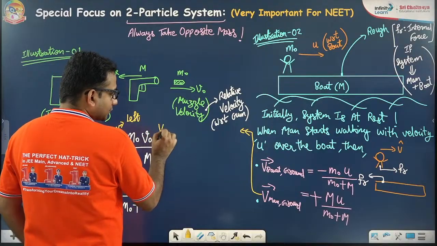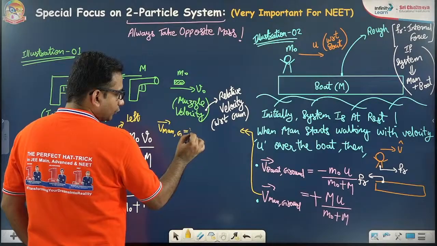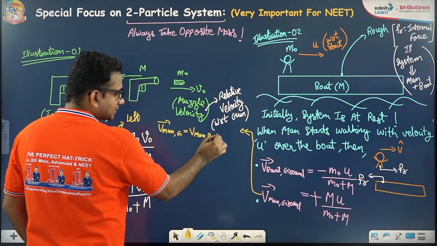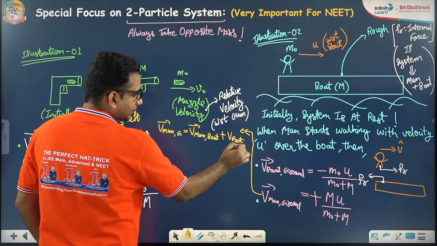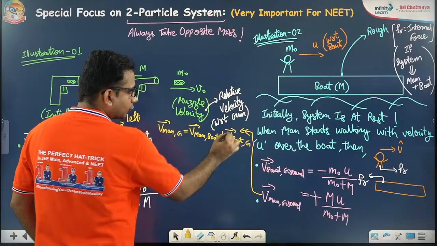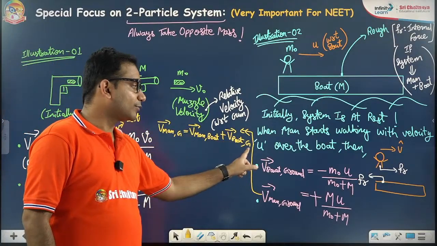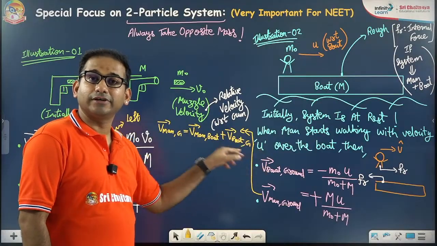If you're writing velocity of man over the ground, then you will be writing velocity of man over the boat plus velocity of boat over the ground. I hope you agree with it. Man over the boat plus boat over the ground will give you man over the ground. First on the second plus second on third will give you first on third.